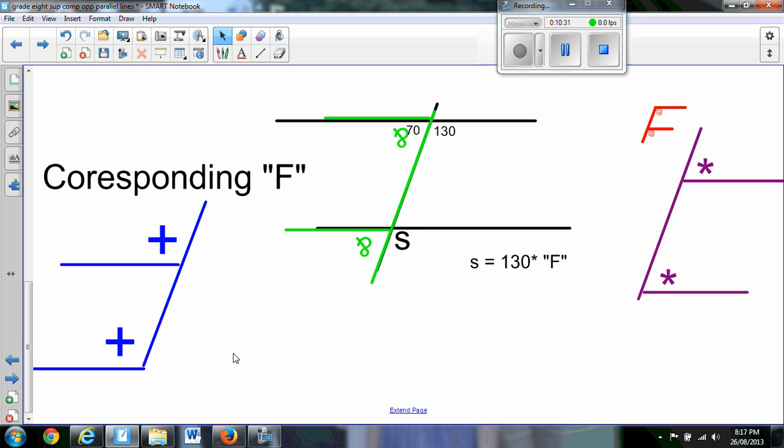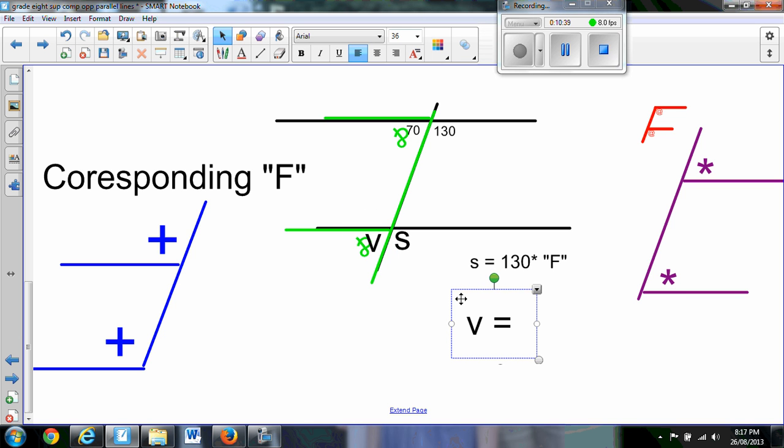So if I was to give this a letter, I'll call it V. I'll put V right here. V is going to be equal to 70 degrees simply because of F pattern. And I can't stress enough how important it is that you put the proof. You will lose marks if you don't have the proofs for you.